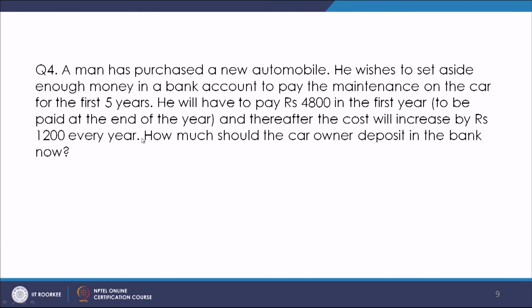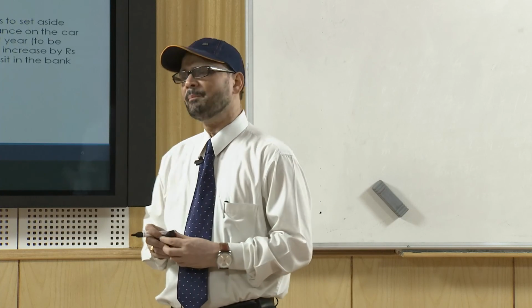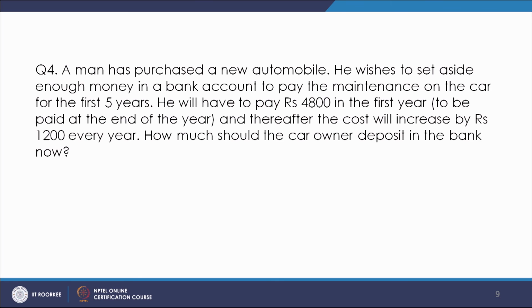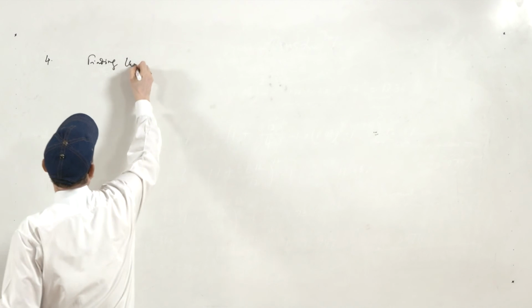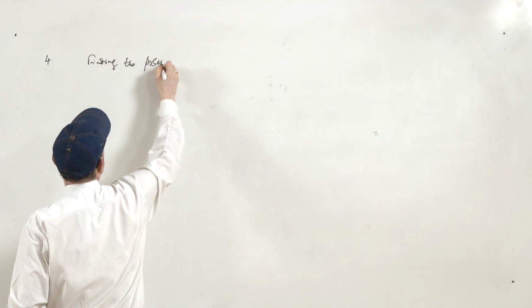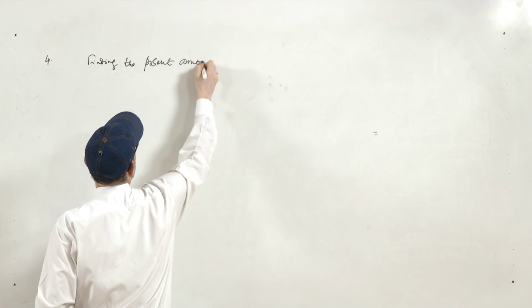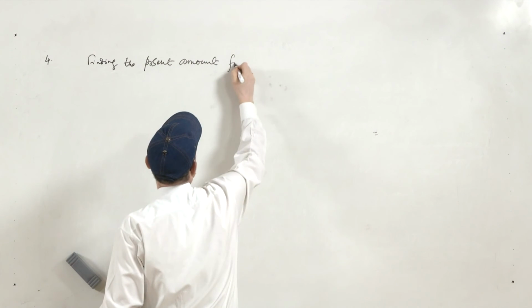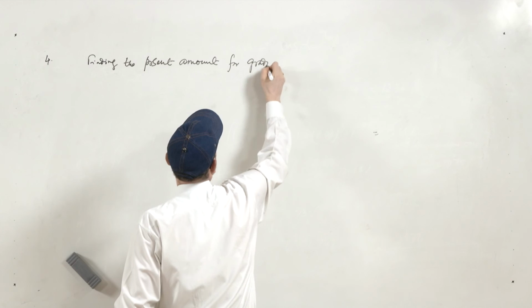So, how much should he deposit in the bank? Basically this problem is about finding the present worth, the present amount, for a gradient series.